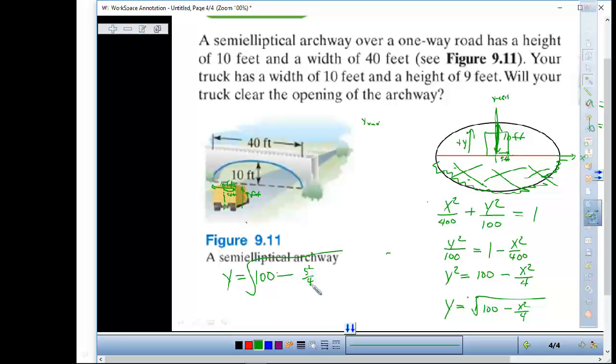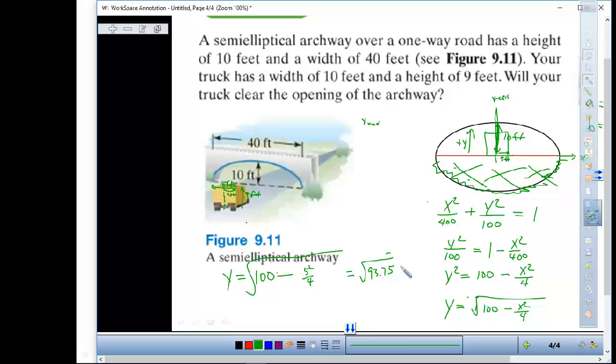All right, so 5 squared over 4, 5 squared is 25, 25 over 4 is going to be roughly 6. Let me go ahead and do that: 100 minus parentheses 25 divided by 4, and we end up with 93.75 that we're taking the square root of.